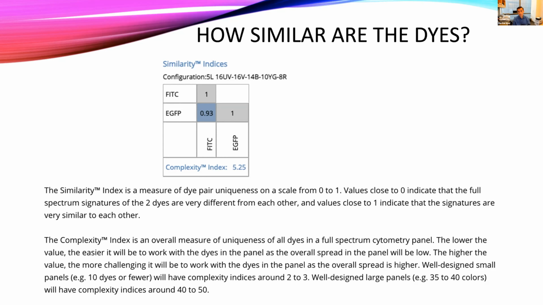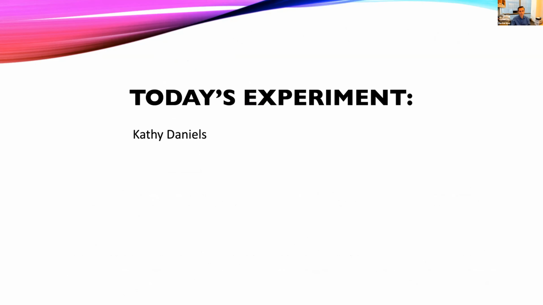If you can actually use them together, this is really amazing. And this is exactly what Kathy will show today in our first experiment, where she will be showing us two very overlapping dyes and how we can still resolve populations. So I'll pass it to you, Kathy.